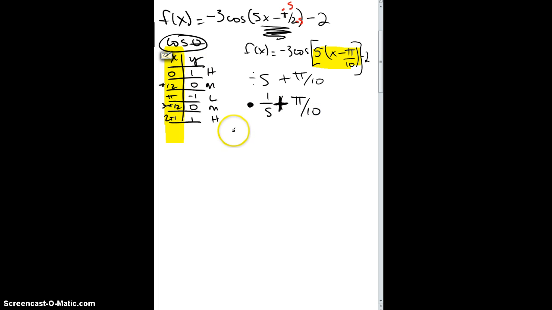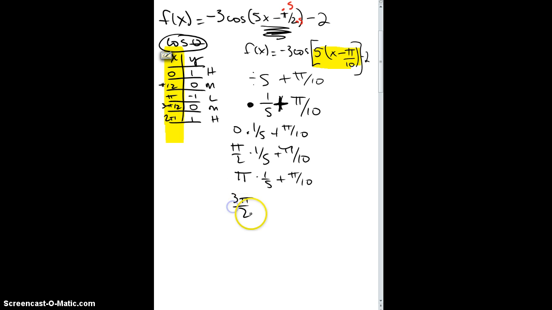So I'm going to take 0 times 1 over 5 plus pi over 10. I'm going to take pi over 2 times 1 over 5 plus pi over 10. I'm going to take pi times 1 over 5 plus pi over 10. I'm going to take 3 pi over 2 times a fifth plus pi over 10.